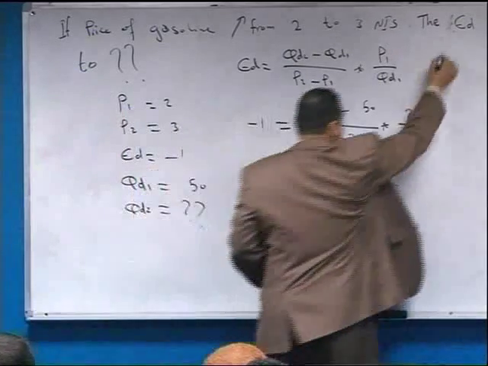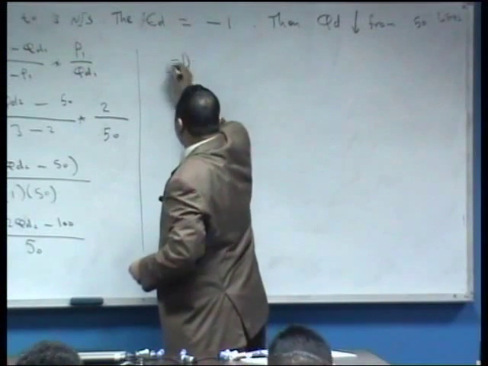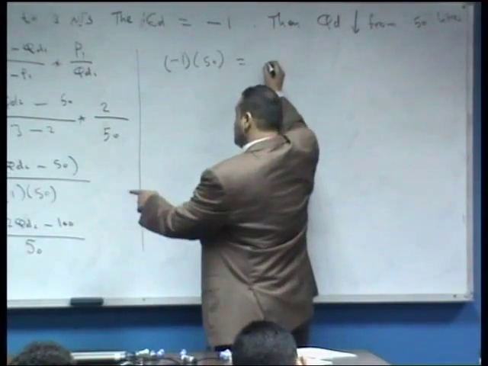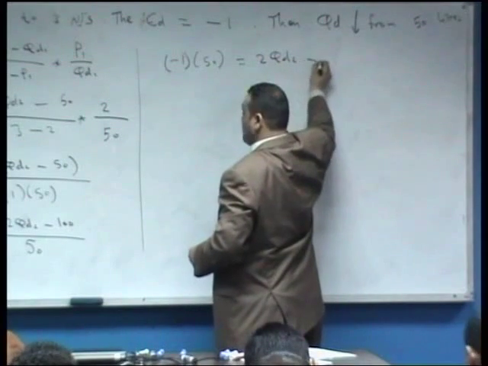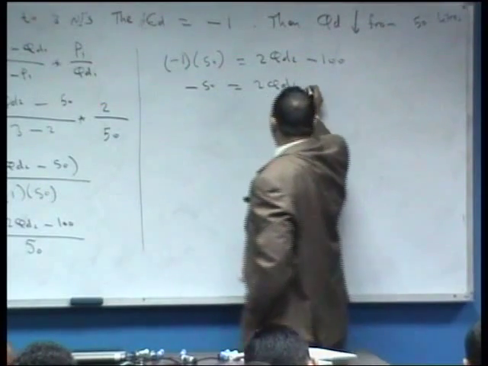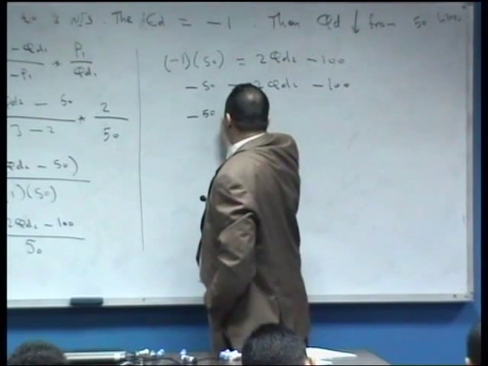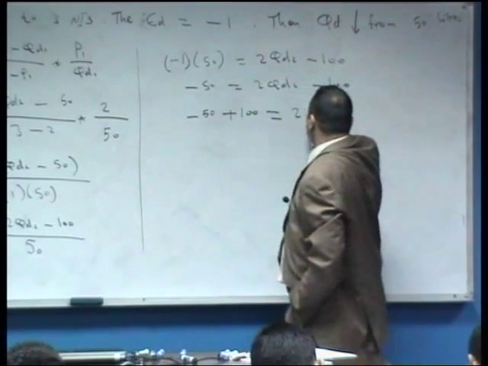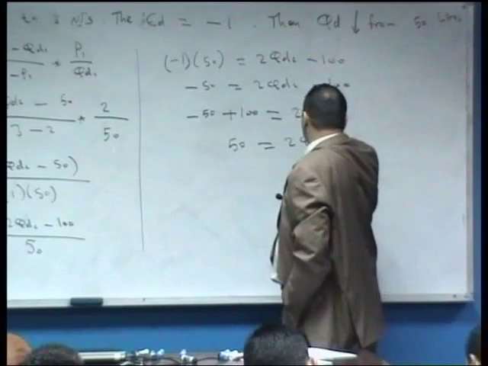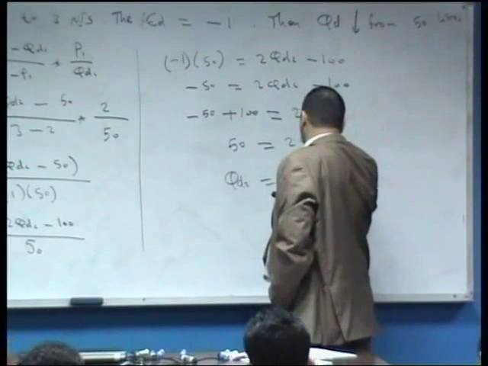Multiplying both sides, -1 times 50 equals 2QD2 minus 100. So minus 50 equals 2QD2 minus 100. So minus 50 plus 100 equals 2QD2. 50 equals 2QD2, then QD2 equals 50 over 2 equals 25.